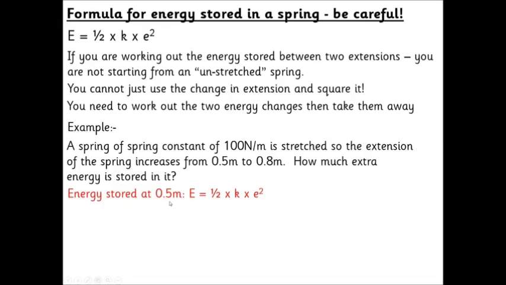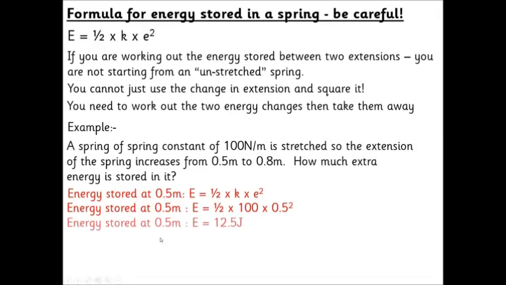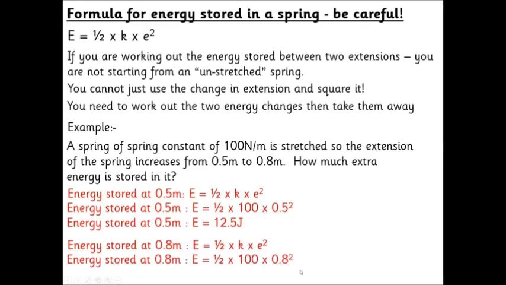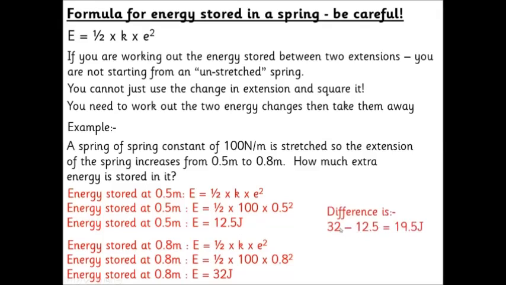The energy stored at 0.5 meters is half k e squared, half times 100 times 0.5 squared, which is 12.5. Then you do exactly the same for 0.8: half times 100 times 0.8 squared. Energy stored is 32. So going from 0.5 to 0.8, it's 32 minus 12.5, which gives you an answer of 19.5 joules.